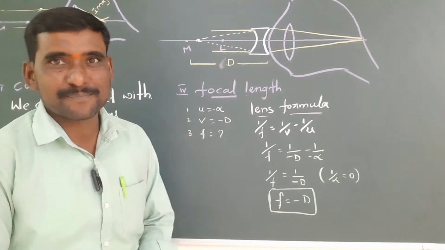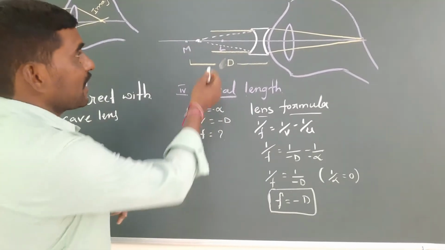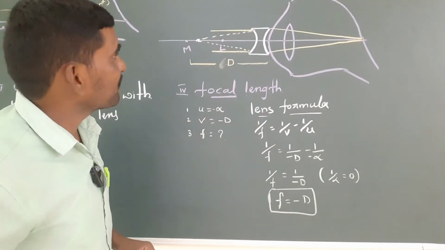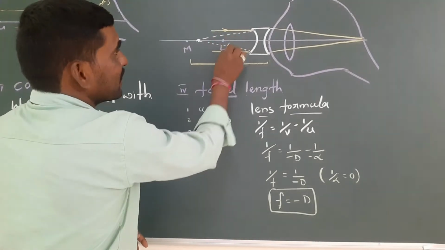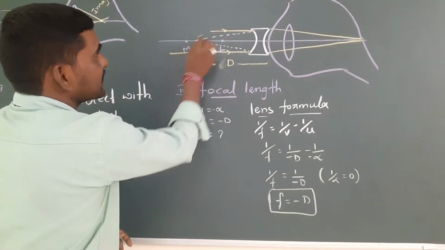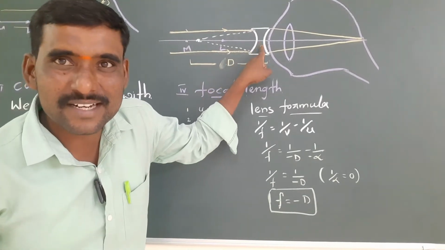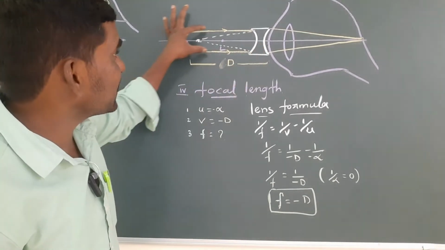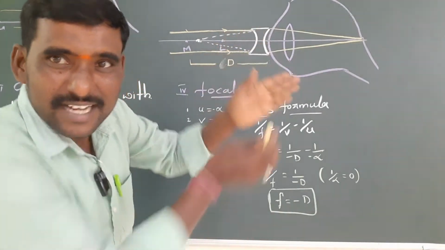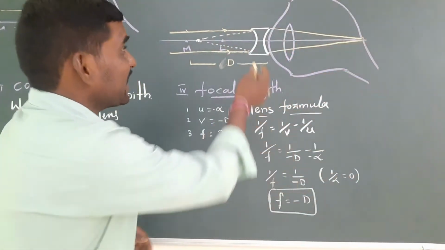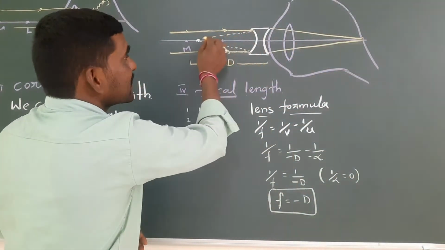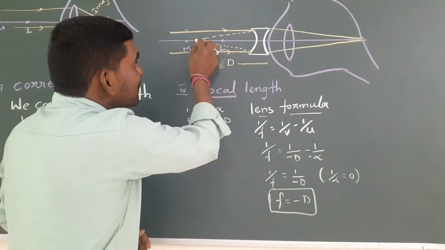See the correction diagram. Now the object is at infinity. This yellow is coming from infinity. I arrange a concave lens here. When these rays fall on the concave lens, they diverge. So when I extend back, here the image will form.